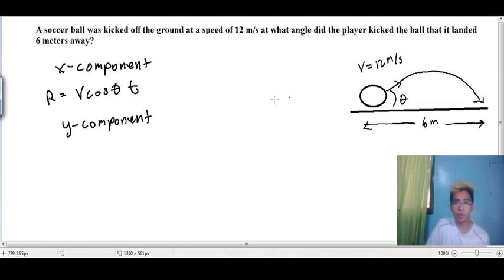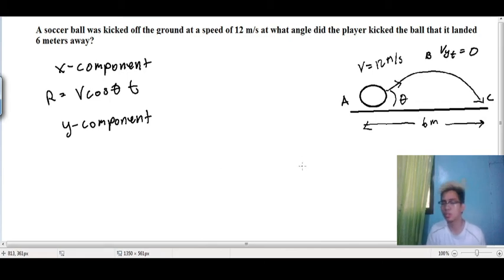So let's label it: the starting point is point A, the point when the soccer ball reaches its peak is point B, and point C is where the ball landed. We know for a fact that point B has a final velocity in the y component that is 0.